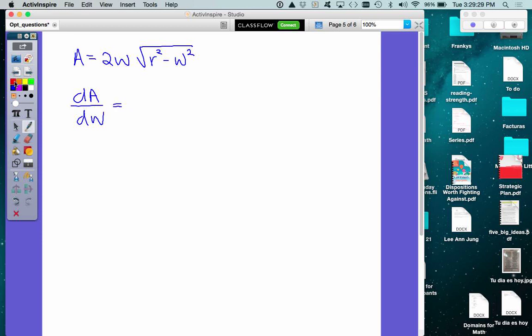So I can imagine breaking this right there, and I have a u and a v. And so I have u prime, which is going to be 2 times v, which is the square root of r squared minus w squared, plus u, which is 2w, times the derivative of the second expression, the square root of r squared minus w squared.